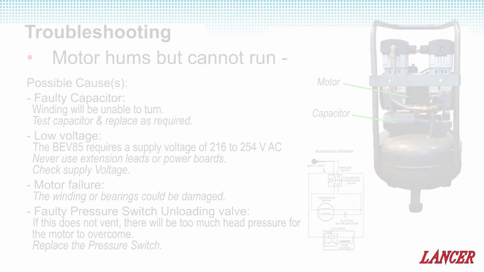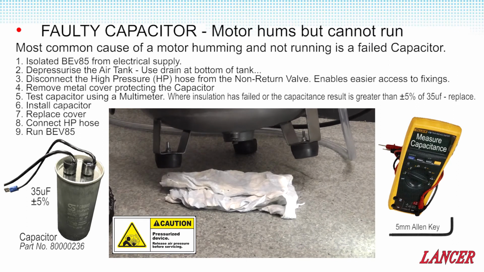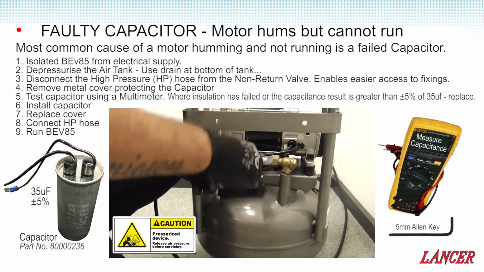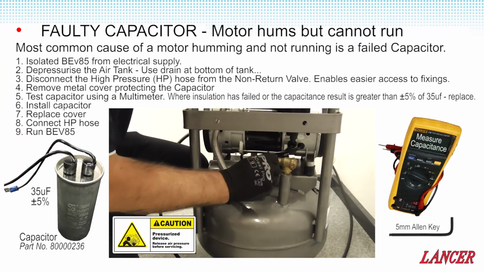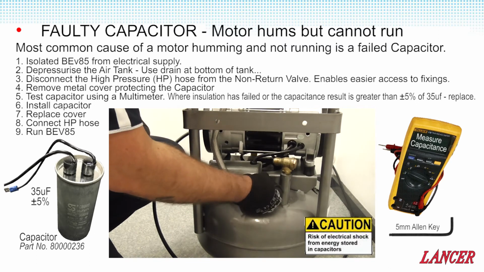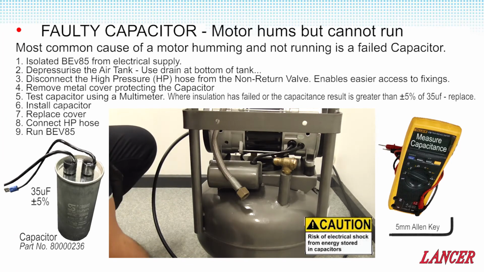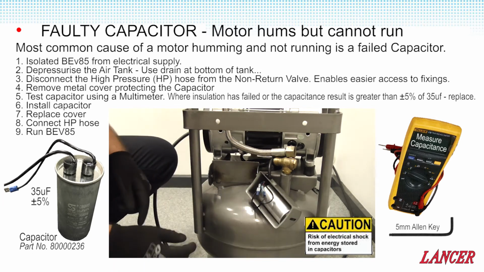To inspect a faulty capacitor, first of all isolate the compressor, depressurize the air tank, disconnect the high pressure hose, remove the metal cover, test the capacitor using a multimeter, and where the insulation has failed or the capacitance is greater than 5% or less than 5%, replace.